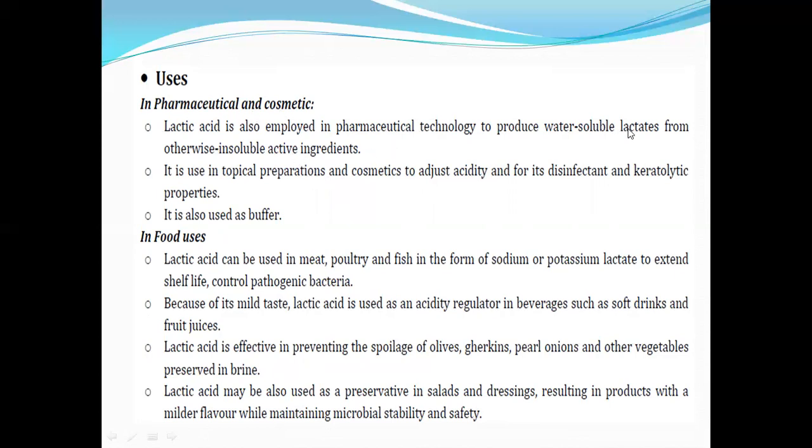In order to solubilize another compound, we form the lactate salt of that molecule so that it is soluble in water. So for the solubilization of another active ingredient, lactic acid is used.